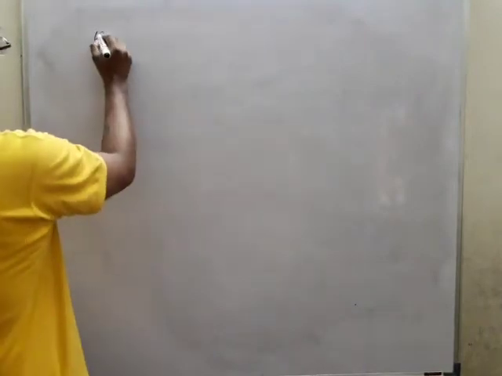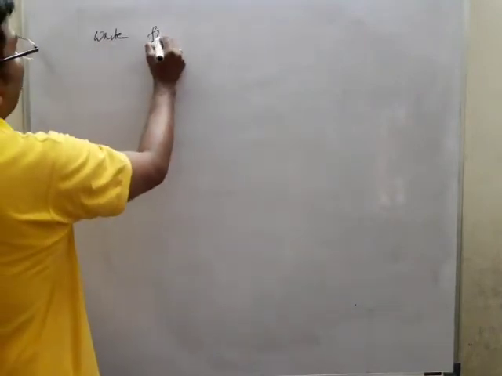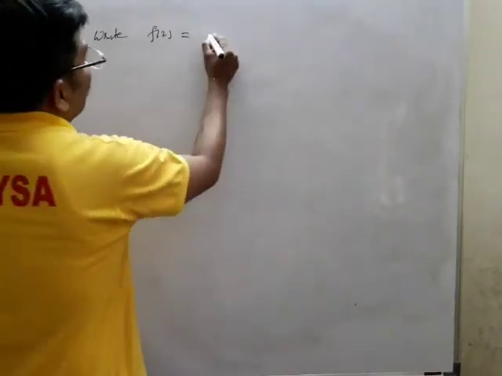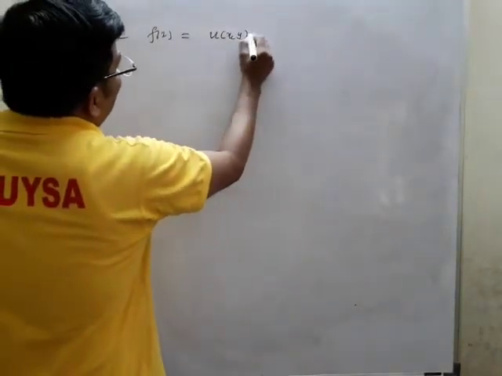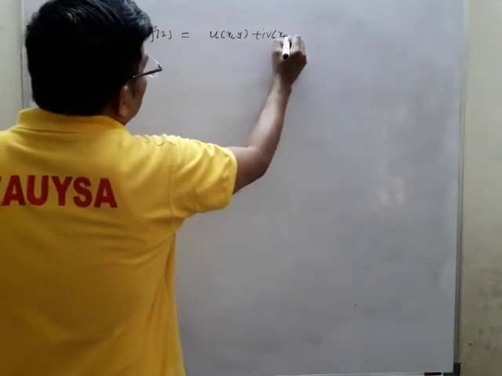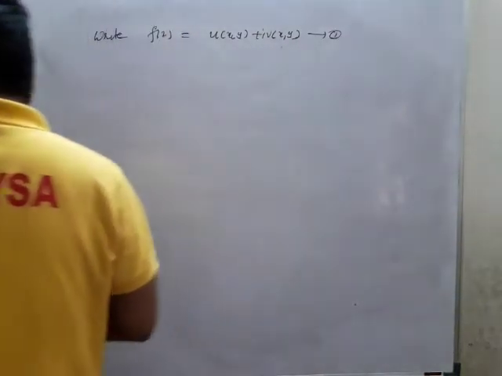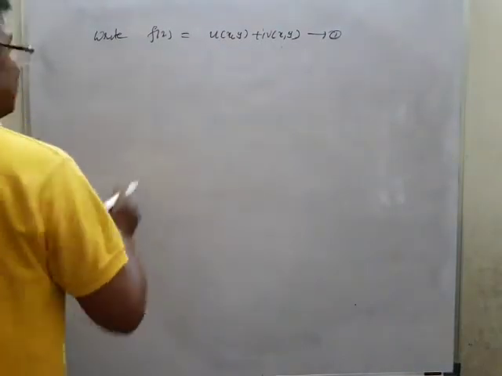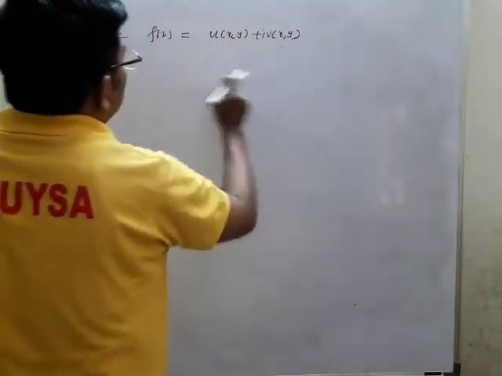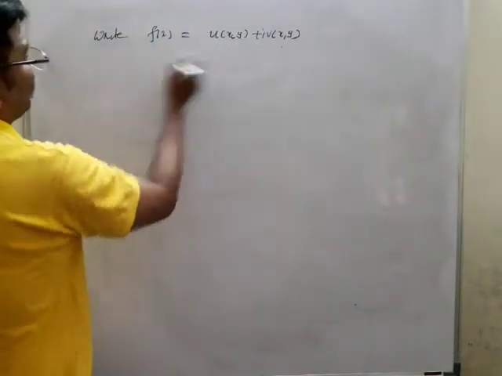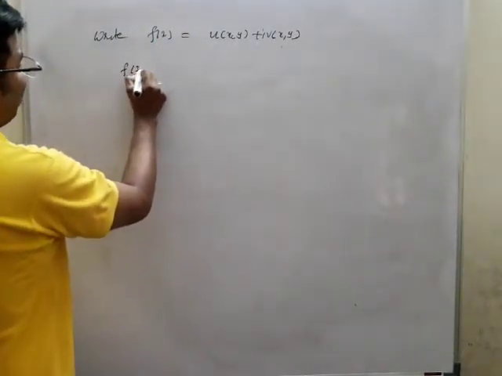Now we'll take f of z equal to u of x comma y plus i v of x comma y, and we'll try to prove it. Now this is f of z of t.